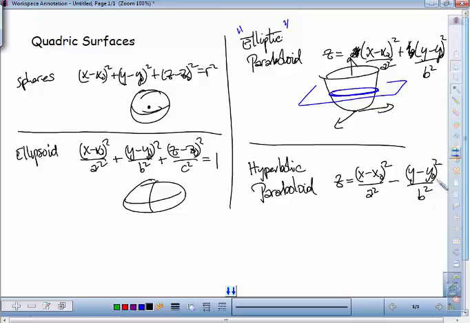You can start by looking at the differences between these equations. The way I like to draw this, or one way to think about drawing it, is you have parabolas that are opening up if you go one way, and parabolas that are opening down if you go another way, and that ends up looking like a saddle.